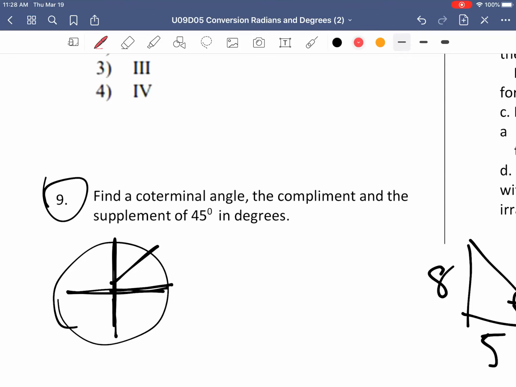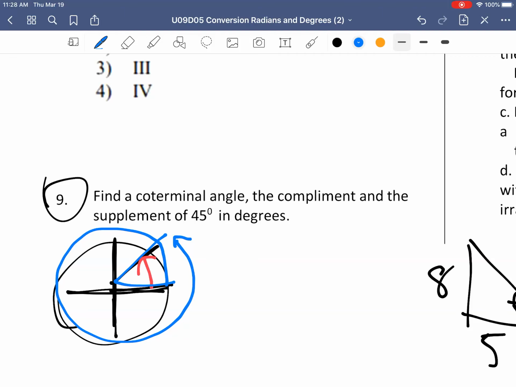A coterminal angle would be another angle that opens the same amount. So this is 45 degrees open, whereas a coterminal angle would go around the 45 plus another 360 to terminate in the same exact place. So a coterminal angle to this is just 45 plus 360, and you can add 360 again if you want.